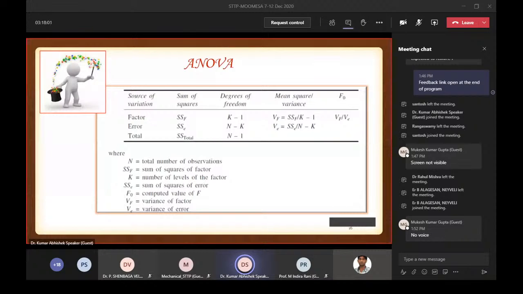Suppose the data is 3, 4, 5, and these are the 3 samples, so you have calculated its mean value and how much this data is going to vary from its mean value.